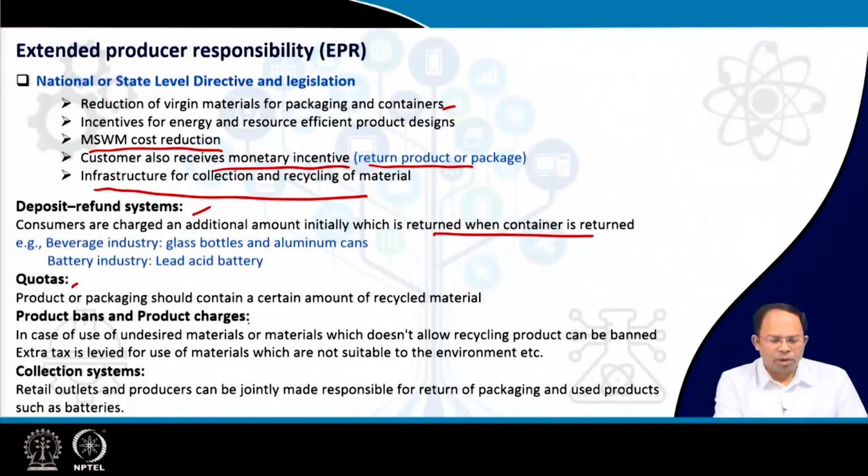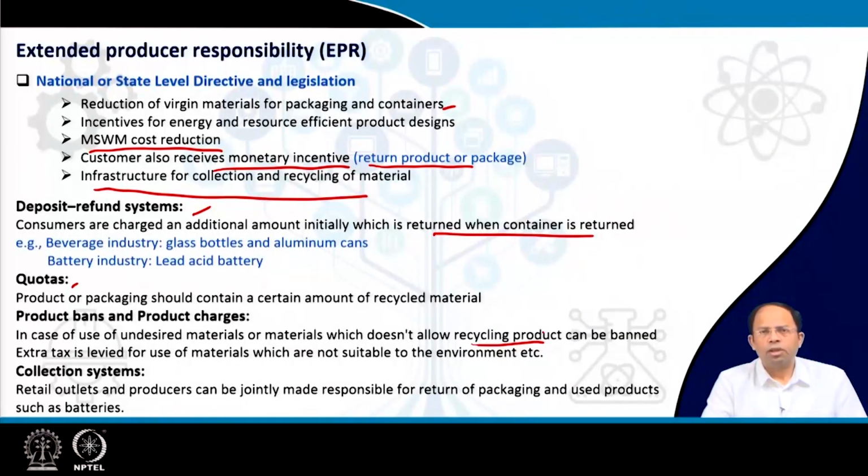Then product bans and product charges. In case some material is used which is not good, those materials could be banned by the ULB or by the government. They can say that this particular material is harmful to the environment, this cannot be recycled, so this material should not be used. Even though it is of lower cost, because it cannot be recycled, overall cost is actually higher.